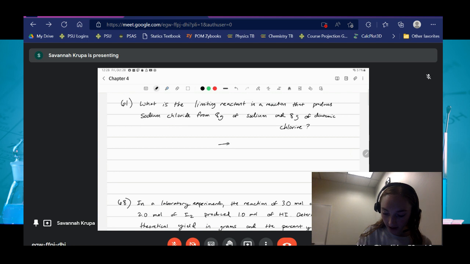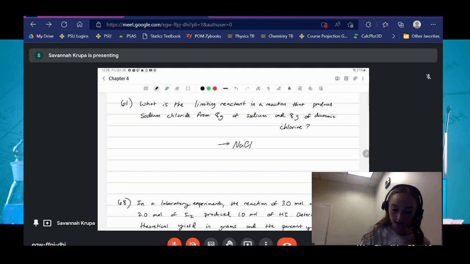For sodium chloride, we have Na, and sodium is a 1 plus charge and chlorine is a 1 minus charge, so that's going to be a 1-to-1 atom ratio in sodium chloride. So we have sodium chloride on the right, and it says it's produced from sodium and diatomic chlorine. Diatomic chlorine is in the form of a gas, and sodium is an ion.